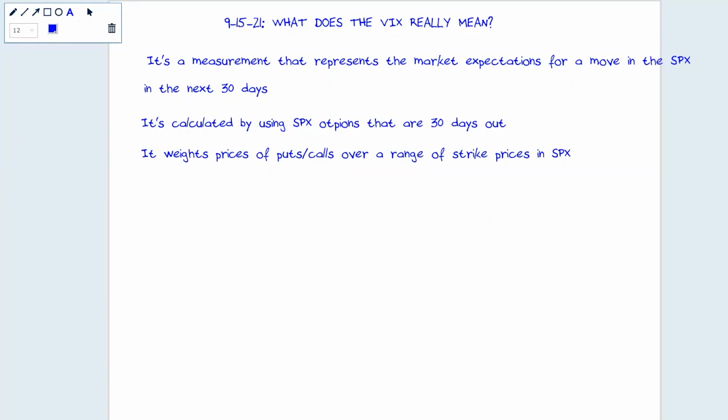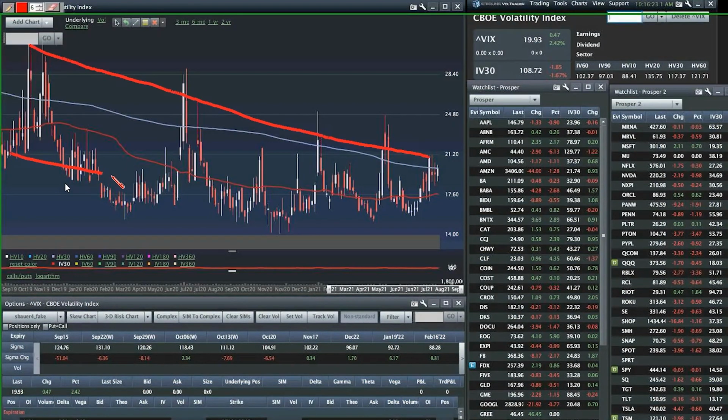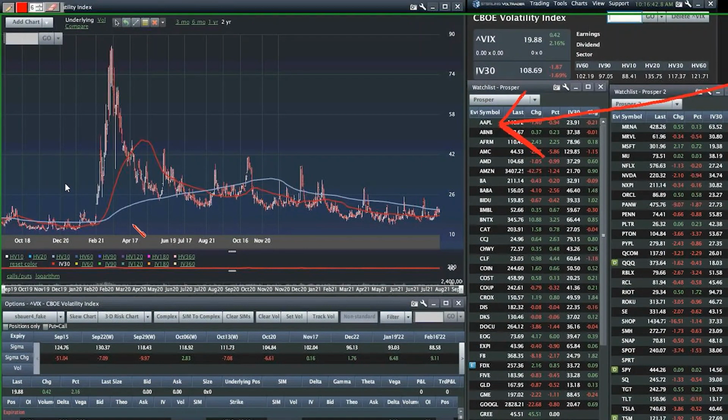So great, it aggregates all of this data, but what does it mean and how can we use it? Looking at a chart here, we can say, wow, over the last 12 to 18 months we've seen lower lows, lower highs. But what is normal? What I have on the screen now is a 2-year chart of the VIX. We can see prior to COVID where the VIX really settled in, in the low to mid-teens.